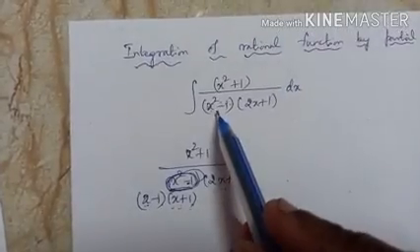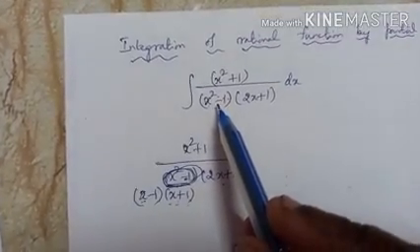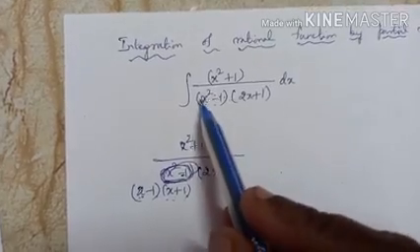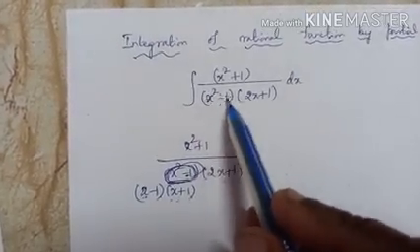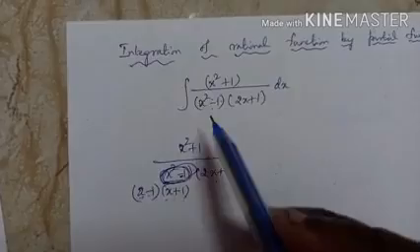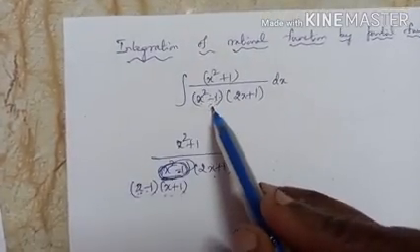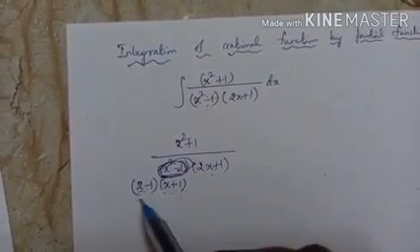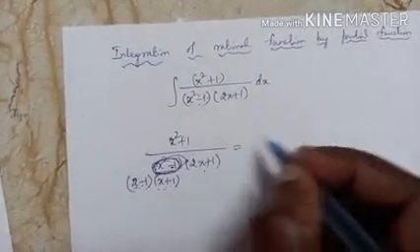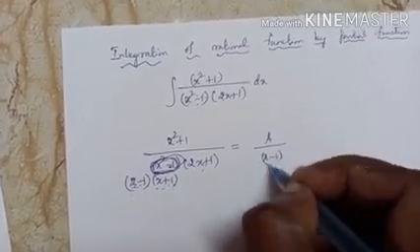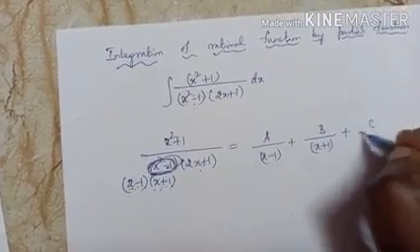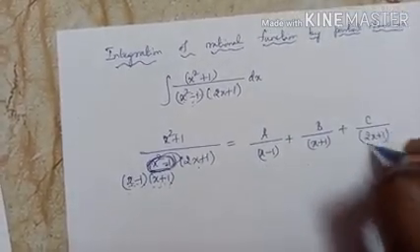So before doing a quadratic factor problem, think whether the denominator can be written as a product of linear factors. If not, then use ax plus b by. Because it is simple. All three are linear factors now, which is written as a by x minus 1, b by x plus 1, c by 2x plus 1.